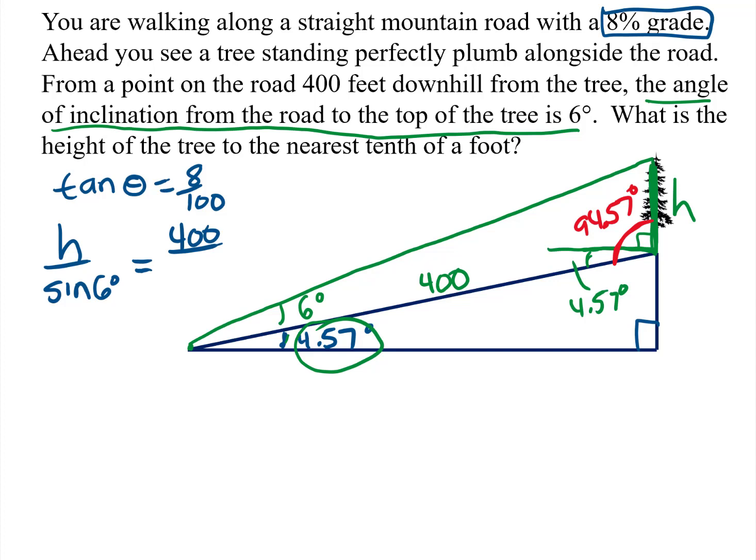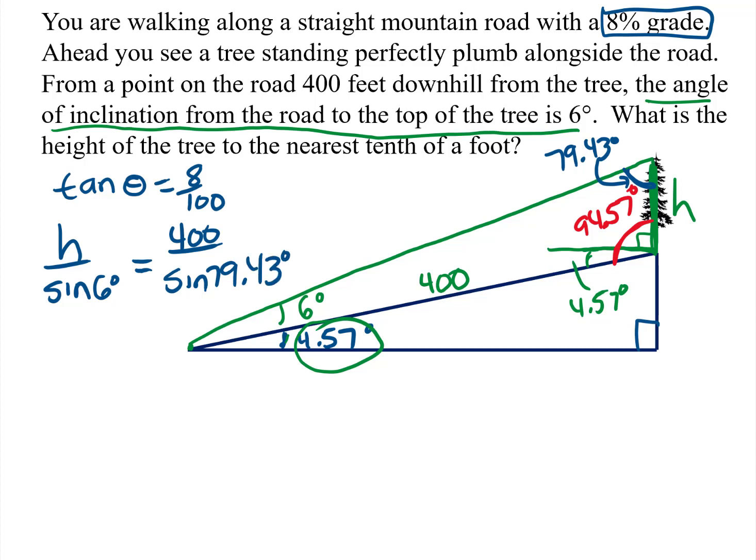We don't have it written in, but we can find it. It's right here. And so if we take 180 and subtract 94.57 and subtract 6, we will have that angle at the top. So that looks like this angle right here will be 79.43 degrees.